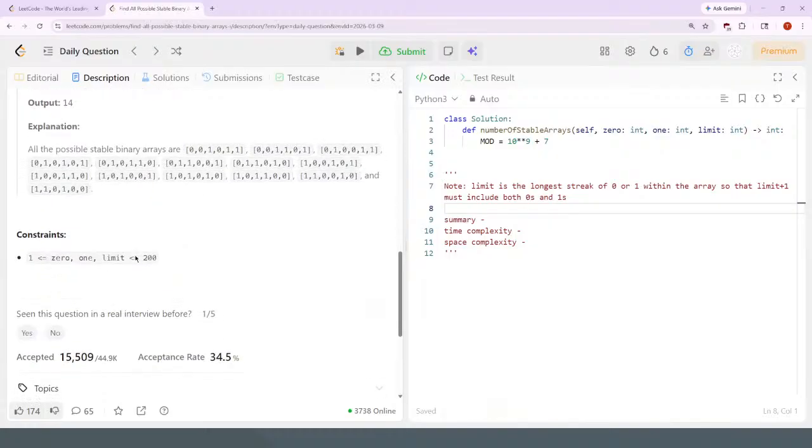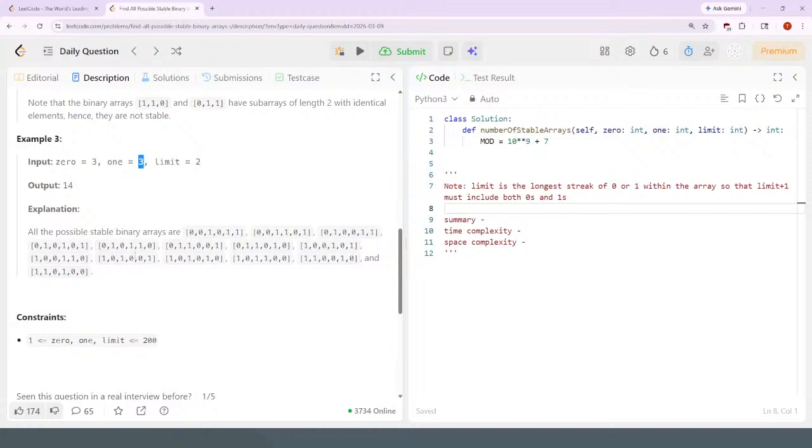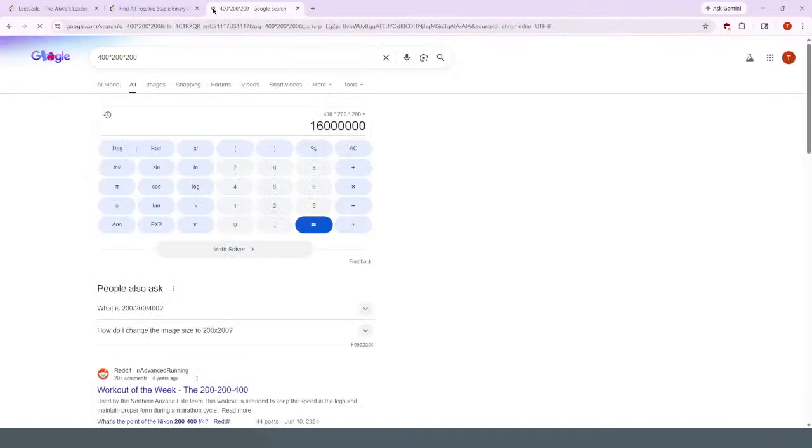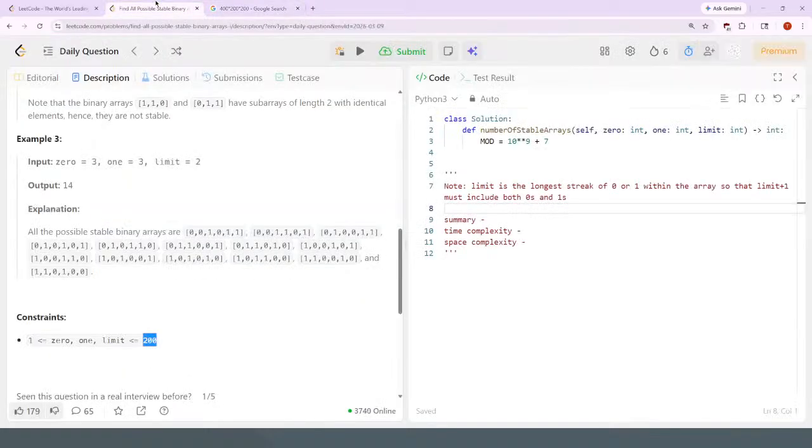Maybe dynamic programming, to be honest. And the programming would be kind of n-dimensional. In this case, it'd be 400 by 200 by 200. Something like that. Looks like that's maybe a little too big, 16 million.